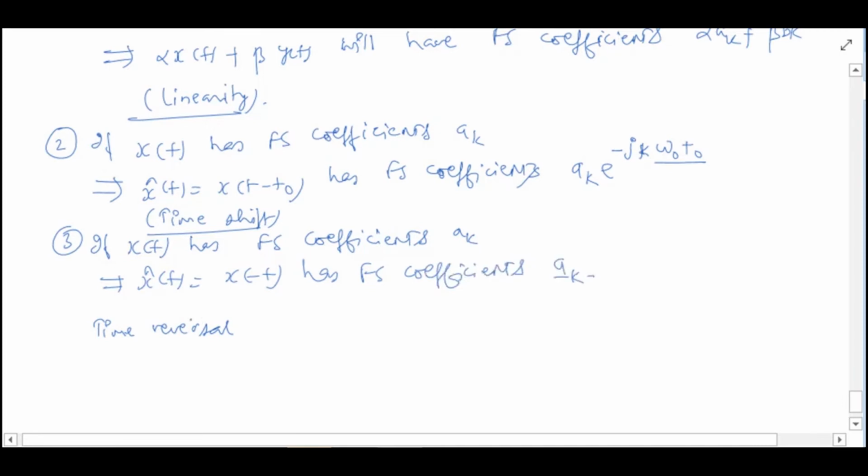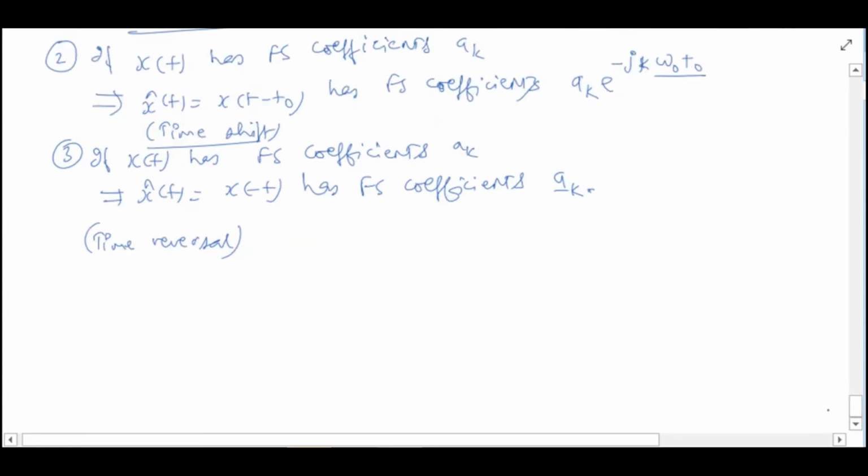To be precise, if I denote the Fourier series coefficients of x hat(t) by b_k, then b_k is a_minus k for all k. So this is called time reversal.